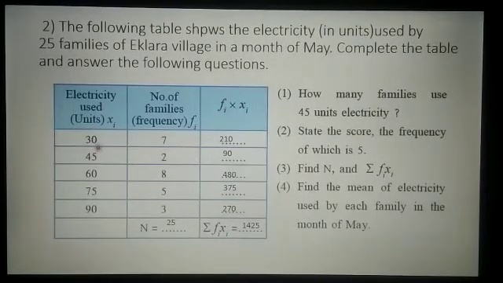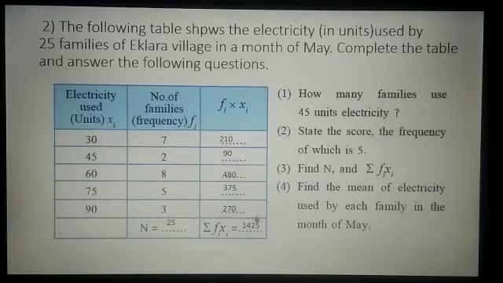So 30, then 45, then 60, 75 and 90, and the number of families, that is frequency, is given as per there. Now total frequency n is equal to 7 plus 2 plus 8 plus 5 plus 3, which is 25. And for Fi into Xi you have to take the product: 30 into 7, 45 into 2, 60 into 8, 75 into 5 and 90 into 3.